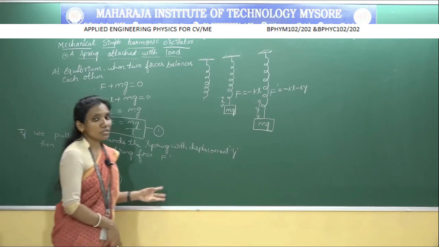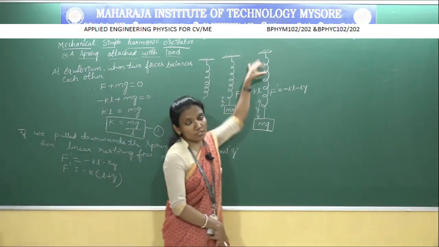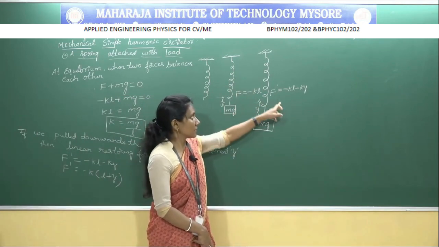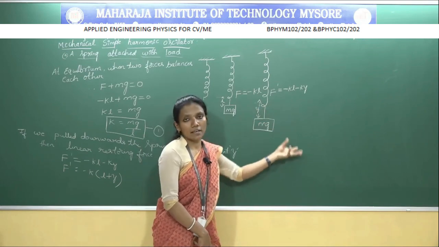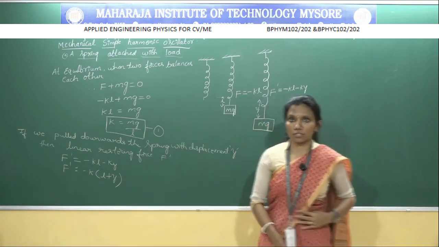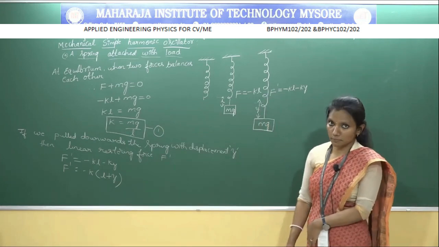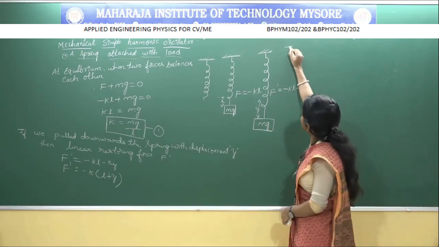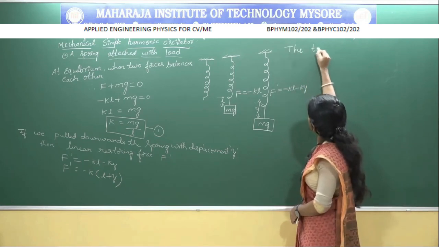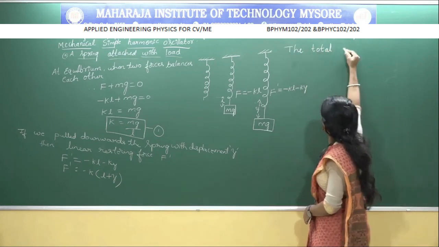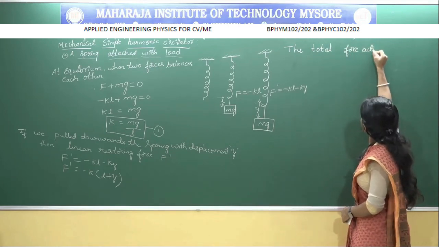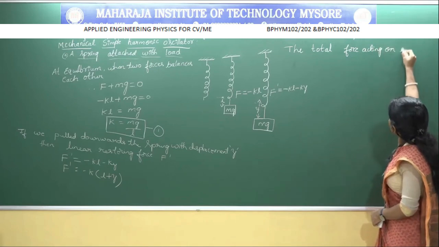But now what is the total force acting on this spring? So that if we take that, then we will get the expression. Now the total force acting on the spring, that we can represent by Ft.